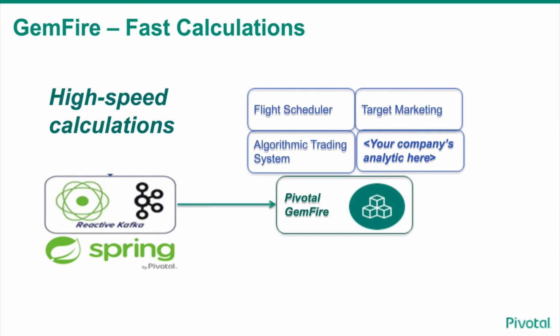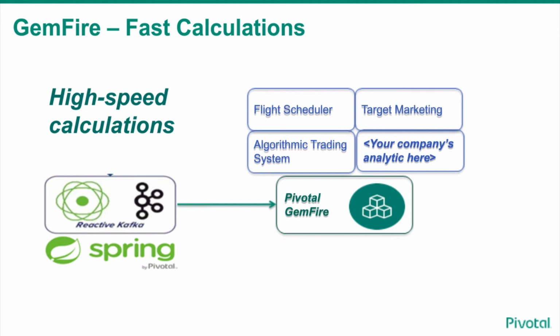Wouldn't it be nice to respond to those analytics as soon as they're coming into your system, before they go to a back-end data store where you analyze those transactions at that point? Catch it right when it's coming in. So if you're an airline, you could use this for flight scheduling, and some do. If you're target marketing, you can instantly analyze who's coming in and target their ads, or whatever your company's analytic is. You can use GemFire to operationalize that analytic.